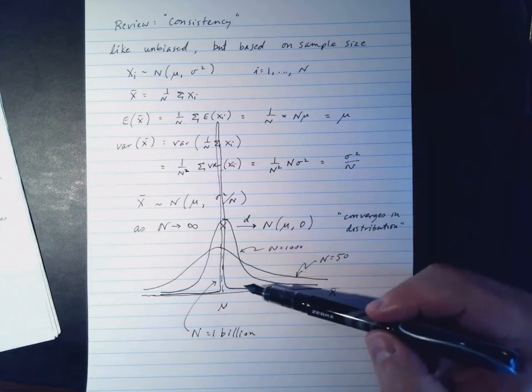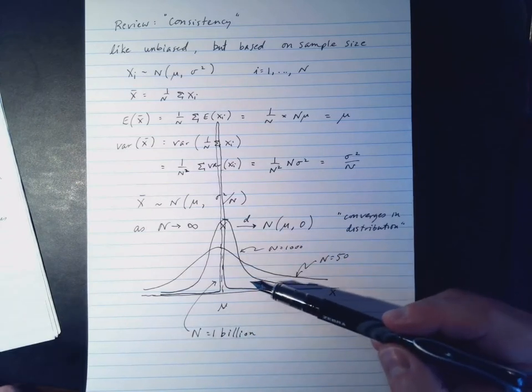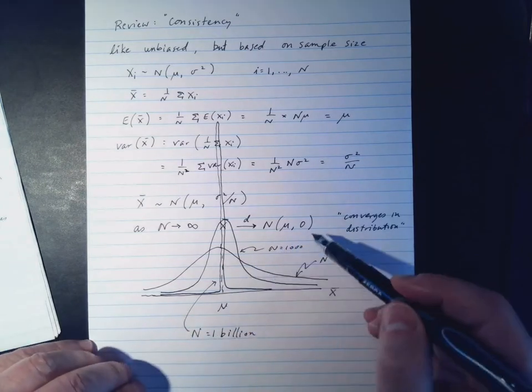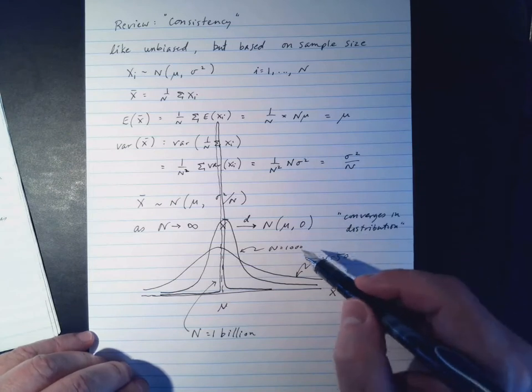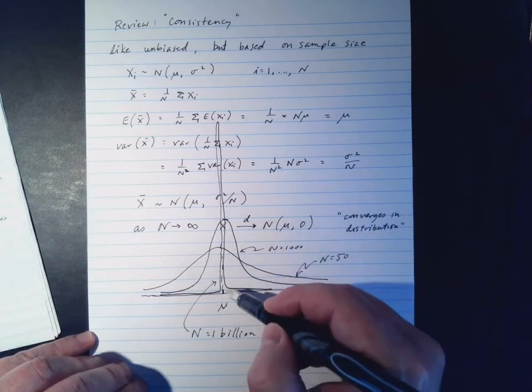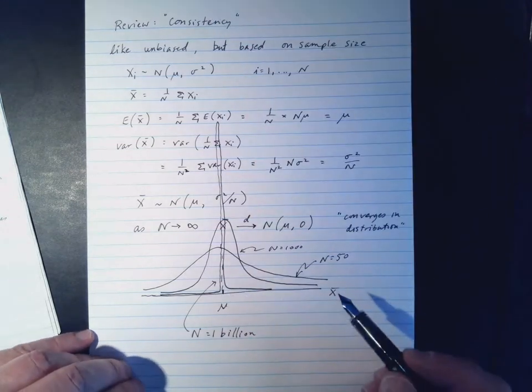So as n goes to infinity, it converges to a distribution that consists of mu and 0 variance. So in effect, it's just a straight line.